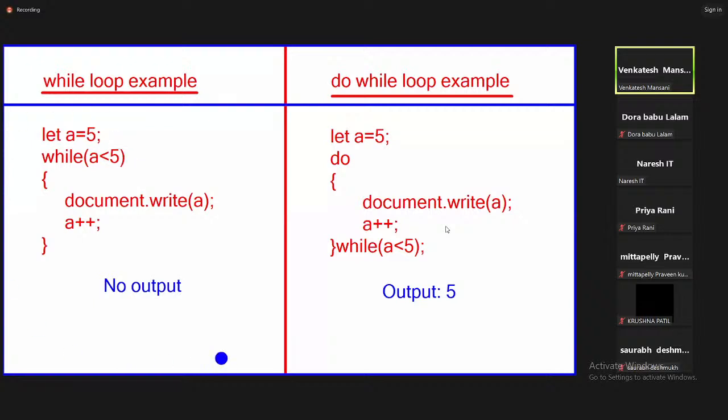Out of the loop. So no output. Here A value is 5, document dot write A, 5 printed. A becomes 6. 6 less than 5, stop. So the output is 5 here, and no output there. Difference is there, no?